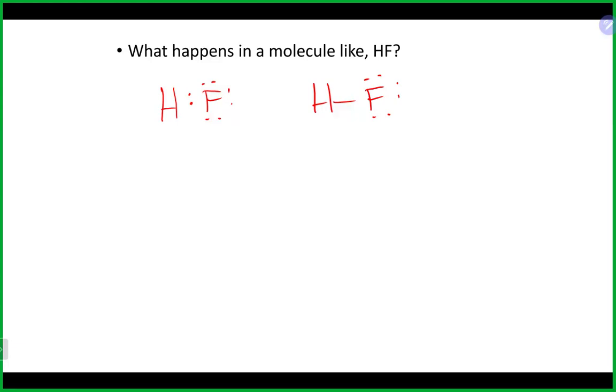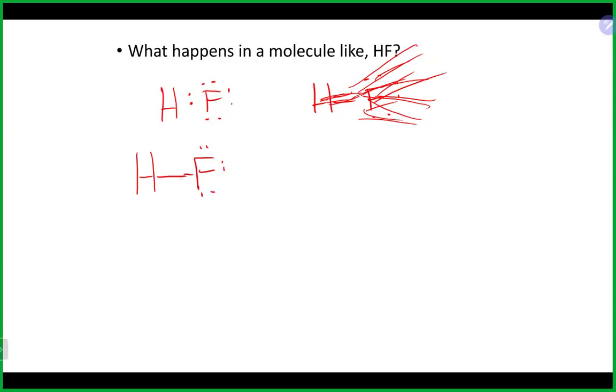Because there is now a difference in electronegativity, the electrons in this bond are going to start heading, if this little scribble here is the electron density, a lot closer to the fluorine side than the hydrogen side. If all the electrons are heading towards the fluorine side, would we expect the fluorine side to be more positive or more negative?